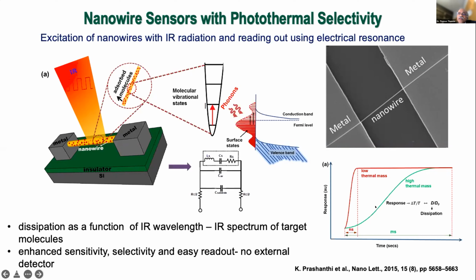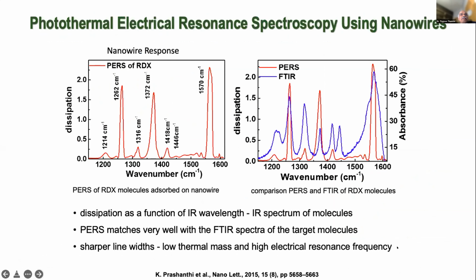Remember that since the thermal mass of this whole thing, the nanowire, is very small, it responds very fast compared to that of a cantilever or a bigger device. This is also published in Nano Letters. So here we have done some adsorption of, say, for example, RDX. And you can see a dissipation of the electrical resonance spectrum, and you can see the spectrum of the RDX.